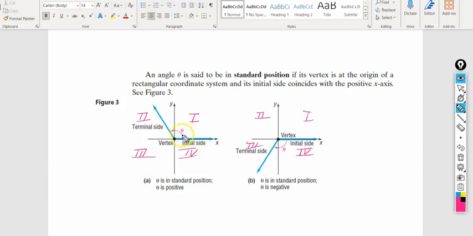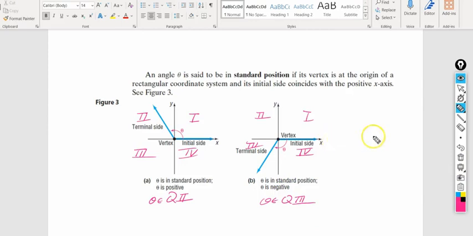We can see here that the terminal side of this angle is in quadrant 2, and so we'd write it like that. This one, we can see that the terminal side's in quadrant 3. Okay.